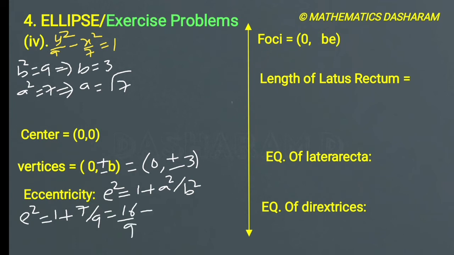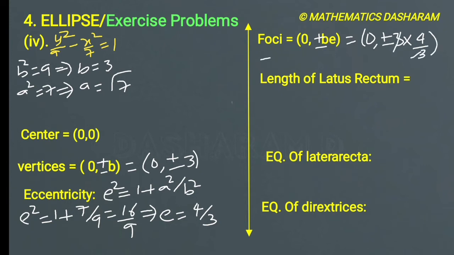Then e equals 4 by 3. Next foci is 0 comma plus or minus b into e. 0 comma plus or minus b value 3 and e value 4 by 3. So here 3 cancel, then 0 comma plus or minus 4. Length of latus rectum, that is 2a square divided by b.